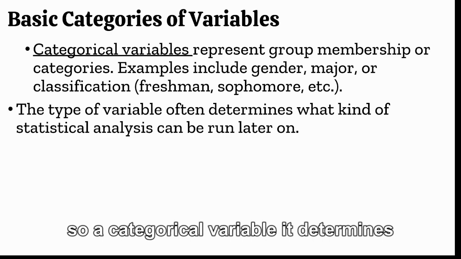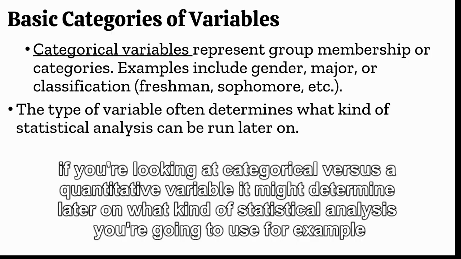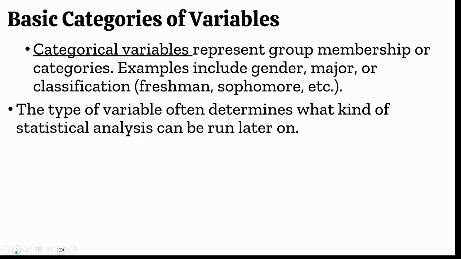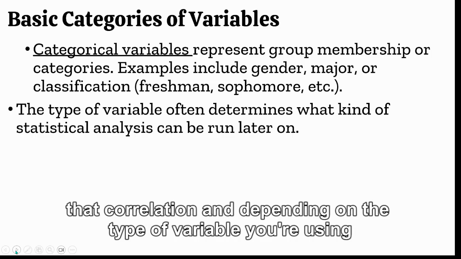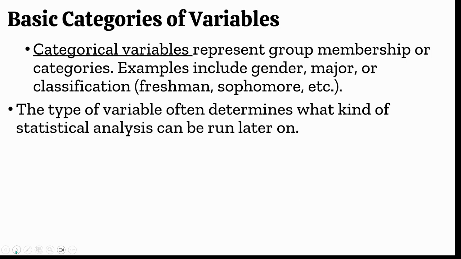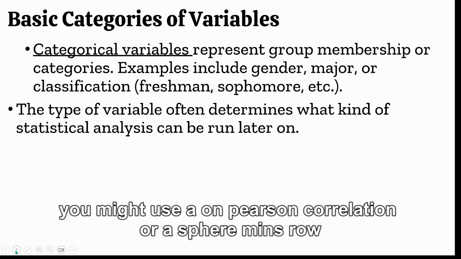So if you're looking at categorical versus a quantitative variable, it might determine later on what kind of statistical analysis you're going to use. For example, we're going to talk about correlation, and depending on the type of variable you're using, you might use a Pearson's correlation or a Spearman's rho.